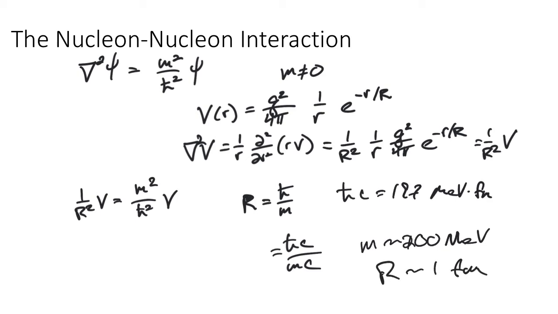Turns out the nuclear range is slightly bigger than 1 Fermi, so we're going to want a pion mass that is somewhat less than 200 MeV, but 200 MeV gives the right order of magnitude, significantly smaller than the mass of the proton itself, 200 MeV being about 1/5 of that. And so that's how we get the mass of the pion. This potential here is called the Yukawa potential, first written down by Yukawa in the 1930s.